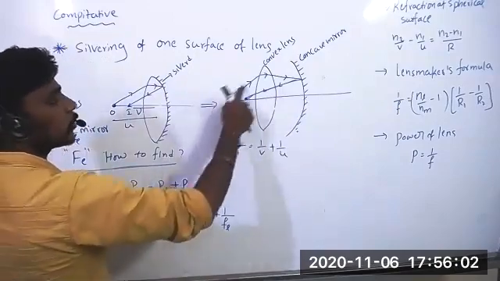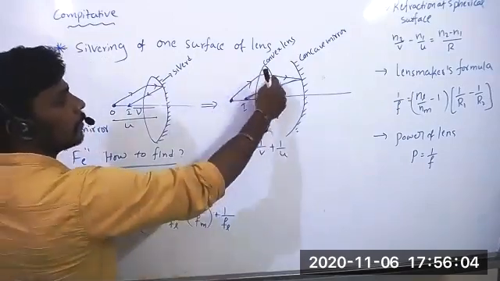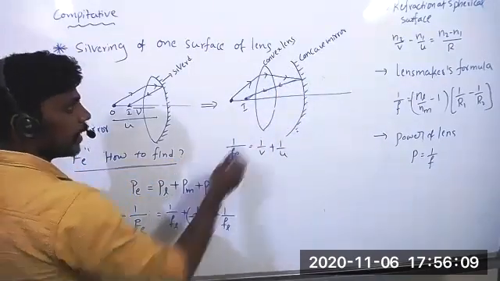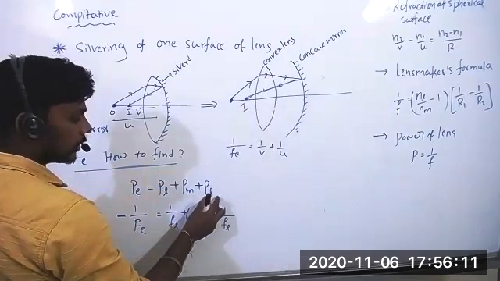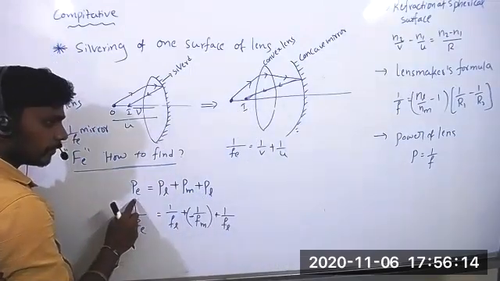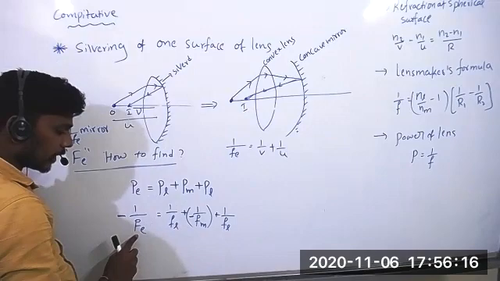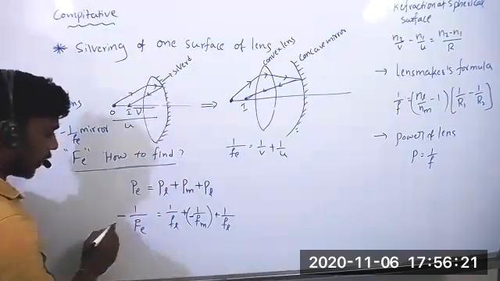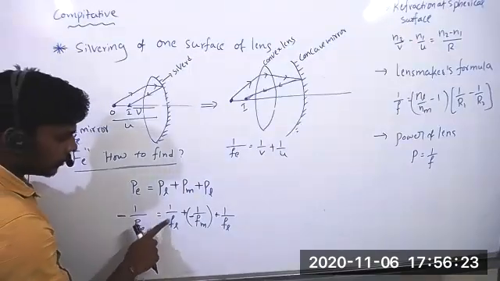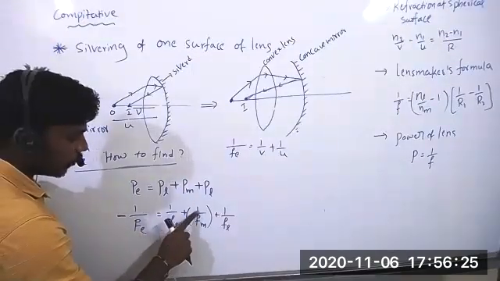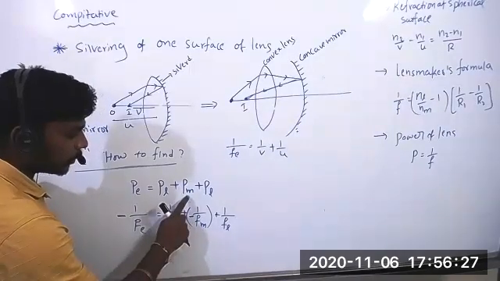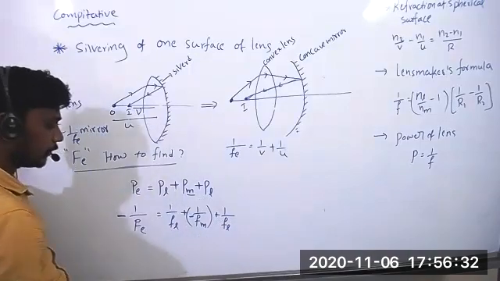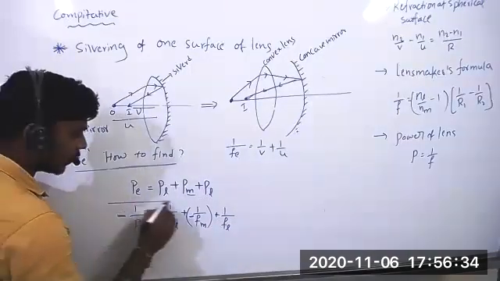First light passes through the lens, so power of lens, plus after it reflects from the mirror, so power of mirror, again passes through the lens, so power of lens. So power equivalent is 1 by Fe. Actually it is for a lens, but the total system is acting like a mirror, so I wrote minus. Power of lens is 1 by FL, power of mirror is 1 by minus Fm, because power of mirror is negative, and power of lens is 1 by FL. If we calculate this, then you will get F equivalent.